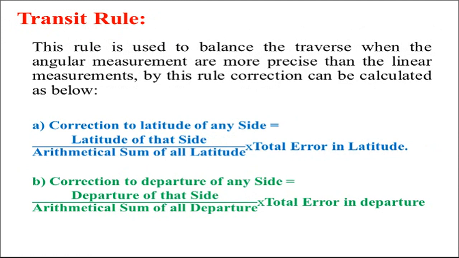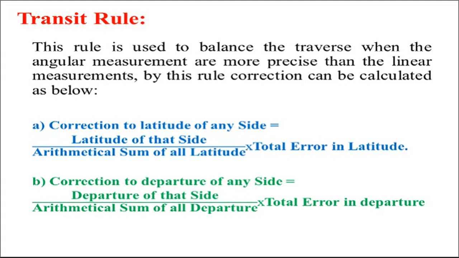Then the transit rule. This rule is used to balance the traverse when angular measurements are more precise than the linear measurements. Means when there is more importance to angular measurements, then this transit rule is used. By this rule, correction can be calculated by the following formula.